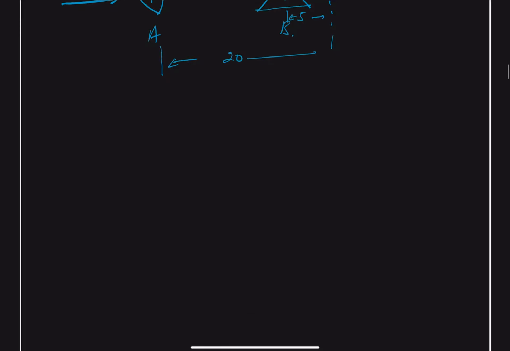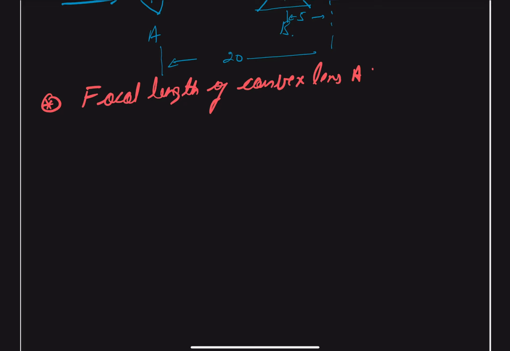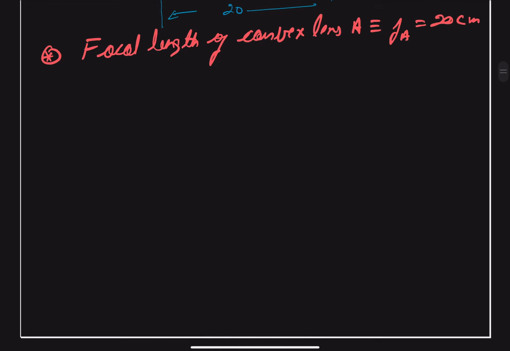So we are given the focal length of the convex lens, that is our A, and we can say that f of A is 20 centimeter, and we are also given the focal length of the concave lens, that is our B, and this will be minus 5 centimeters.